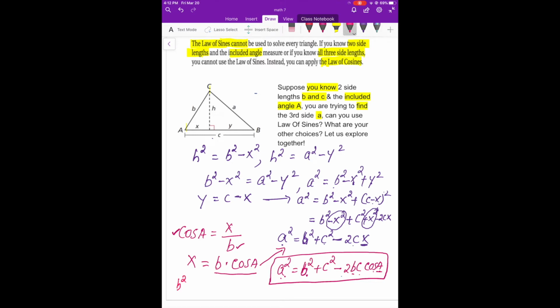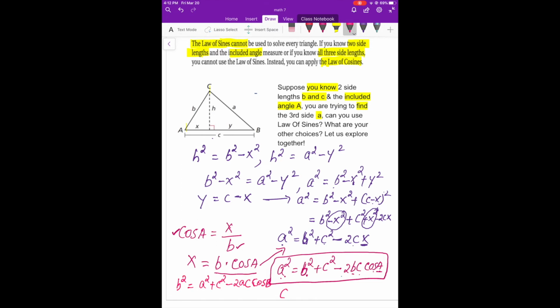If I want B squared, I ask what the other two sides are, which is A squared plus C squared minus 2AC, and the angle we take cosine of is the angle opposite to the unknown side, which is cosine of B. So B squared equals A squared plus C squared minus 2AC cosine B.